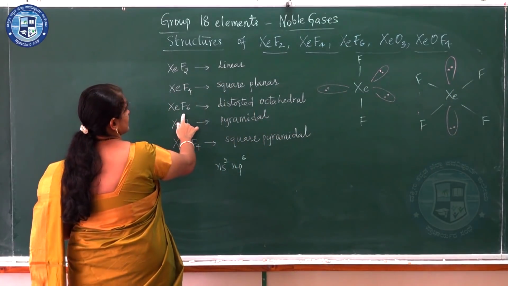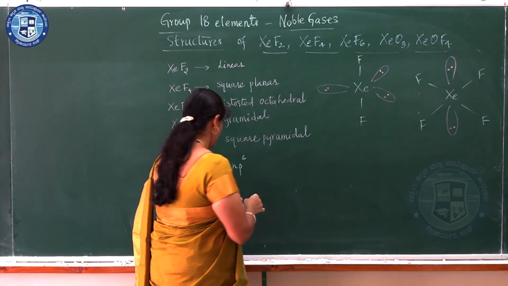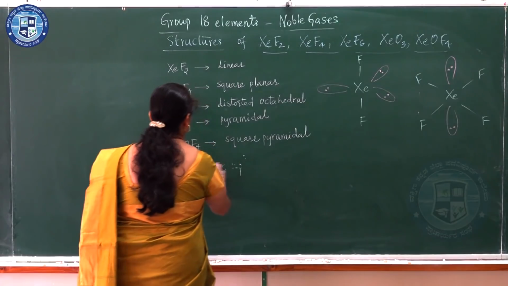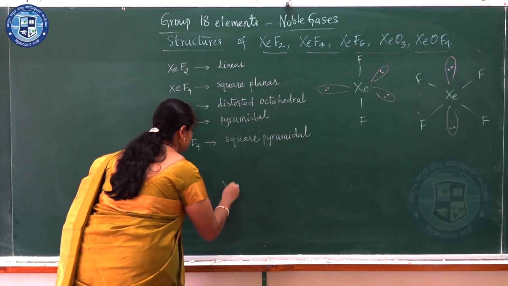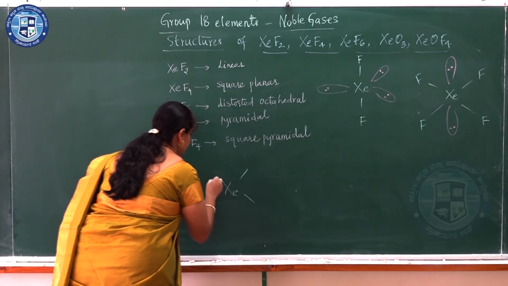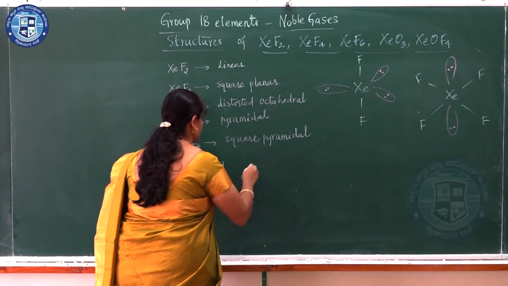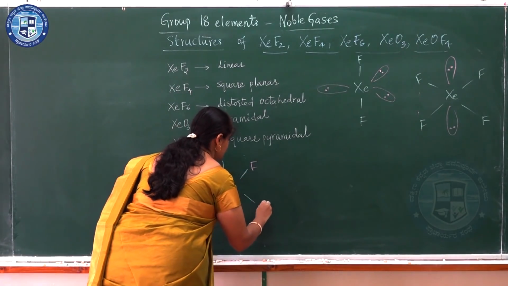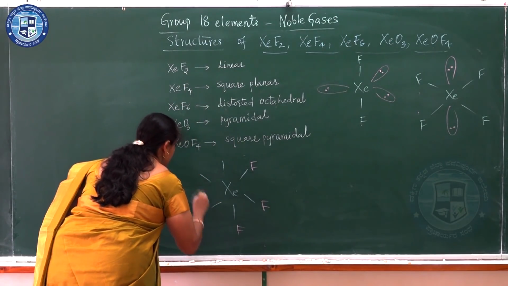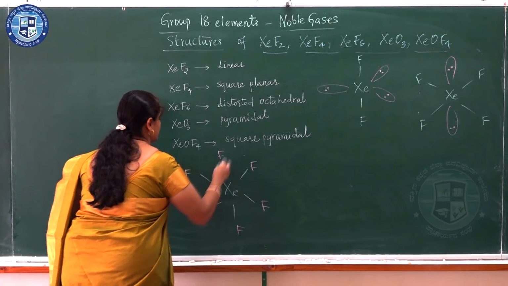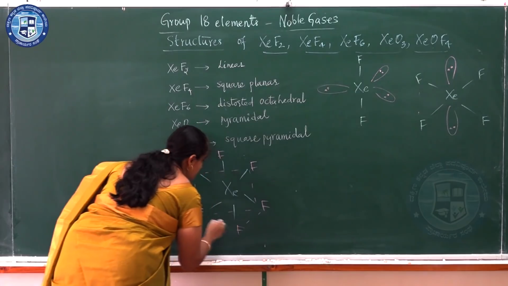Next, XeF6 is distorted octahedral. Octahedral, you have the idea, I guess. So I'll write here, students. I have Xe. So this is for octahedral. I have F, XeF6. If you join all those things, you will end up with an octahedral shape.